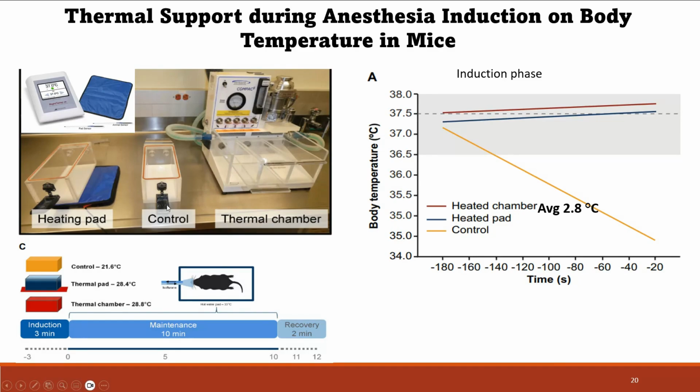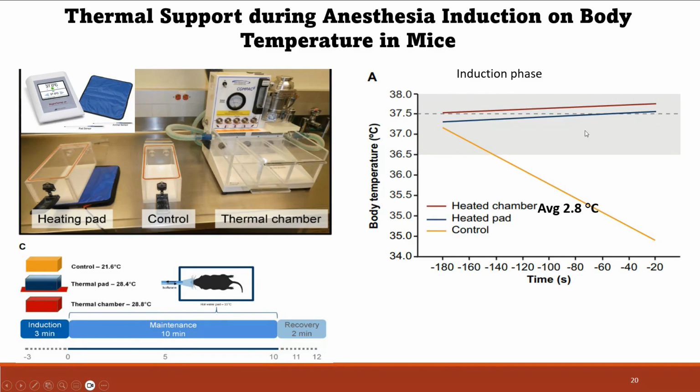They warmed all the three systems. Of course, the control had no warming, and then they measured and recorded the rectal temperature of the animal throughout the induction phase. So they observed that the control group, as there was no warming support, entered hypothermia immediately. However, throughout the induction phase, the other groups, wherein the heating pad and the thermal chamber were provided, did not enter into hypothermia.